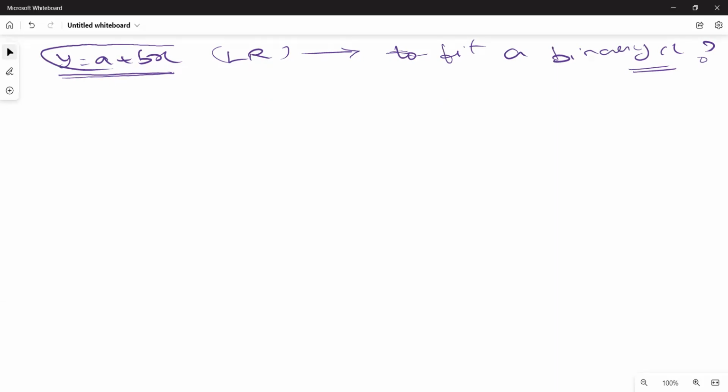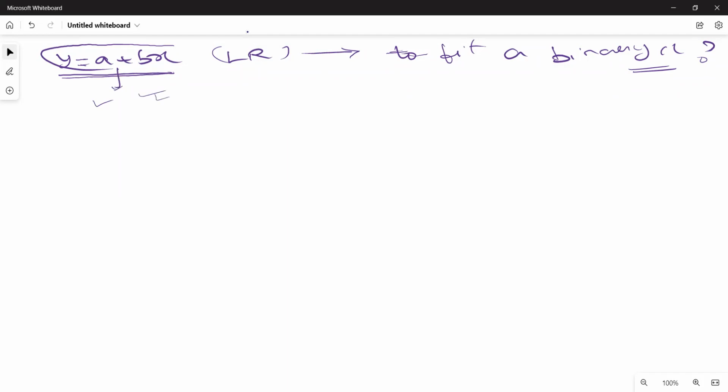Sir, it doesn't cut the graph equally. Yes, you're right. Now, when you take the equation y equals a plus bx, a is the y-intercept, b is the slope, x is the feature.